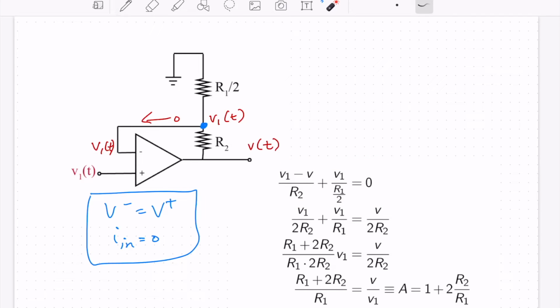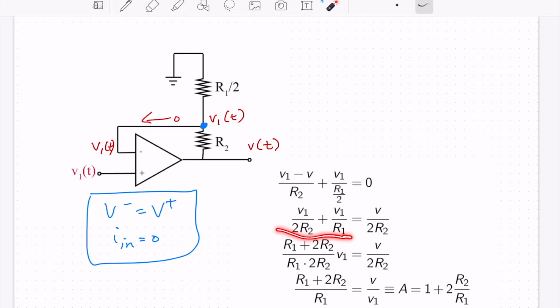Now the next is just algebra. What we need to do now is multiply this equation through by a half to clear that denominator, and we get V1 over 2R2 plus V1 over R1, and then we take the V to the right-hand side, which is equal to V over 2R2.